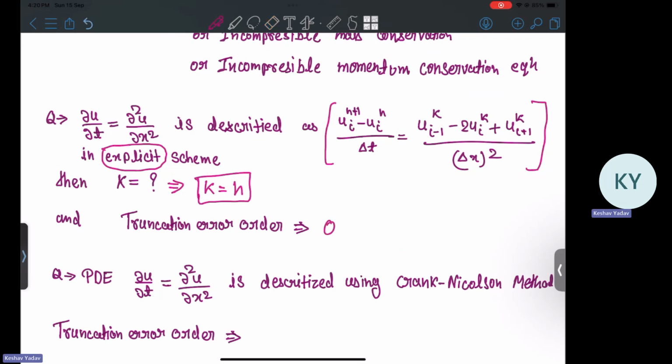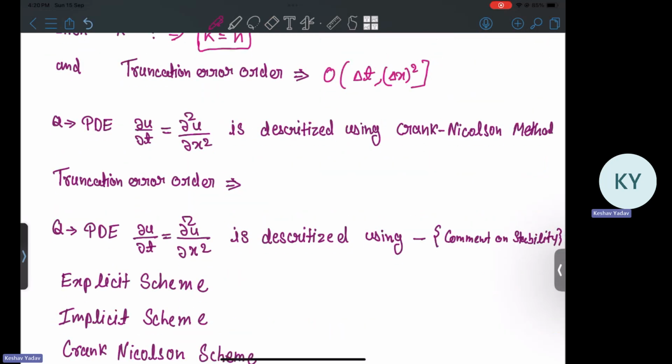We know this will have a truncation error of delta t and delta x square. Similarly, if I go for the Crank-Nicolson scheme, then my truncation error will be second order in time and second order in space.